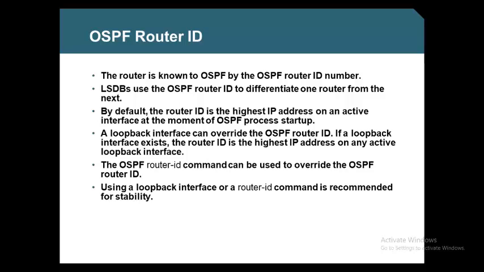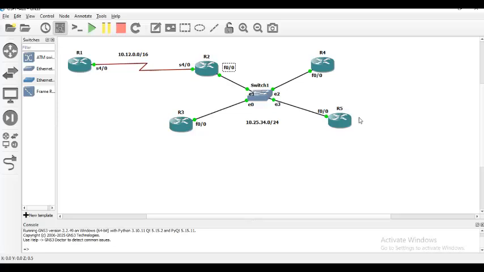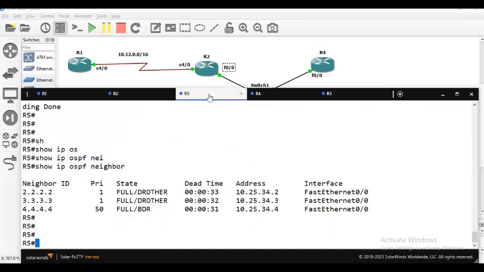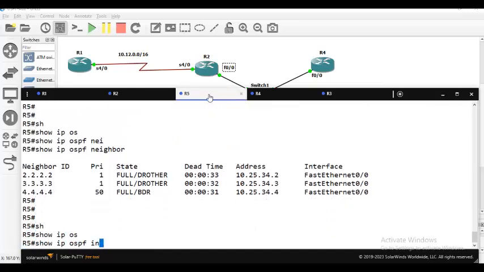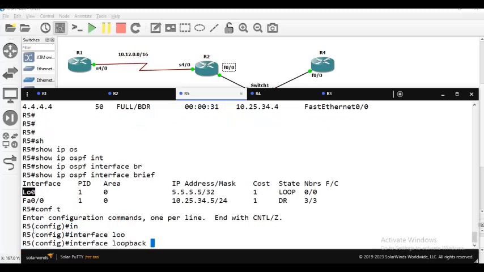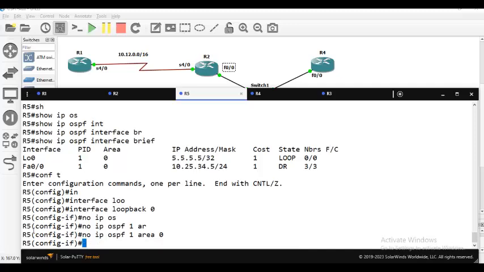I removed it. You see, there is no OSPF, but still it's a router ID. Show IP protocol. It is still a router ID. Even though this address is not pingable, you cannot ping now.